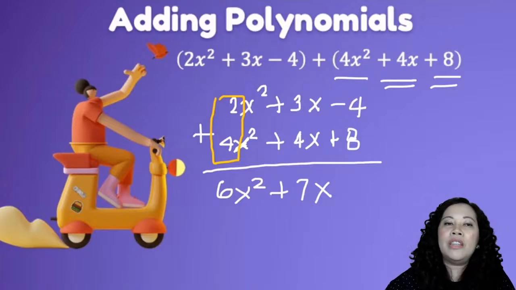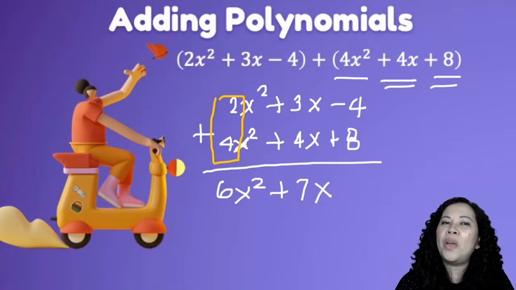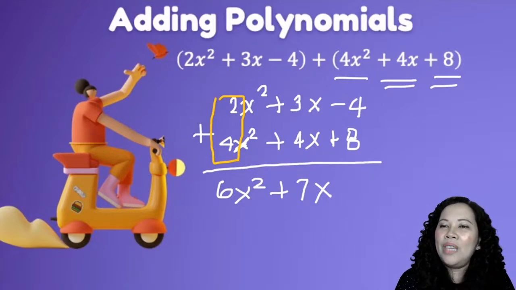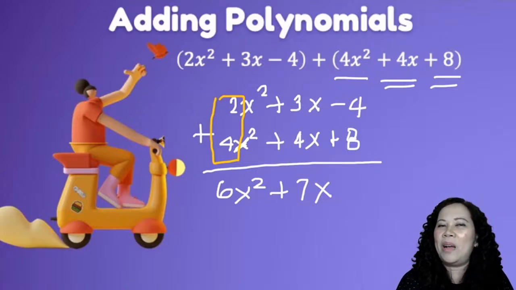And then if you have different signs, what do we do? Different signs, we subtract and copy the sign of the bigger number, not copy the number.